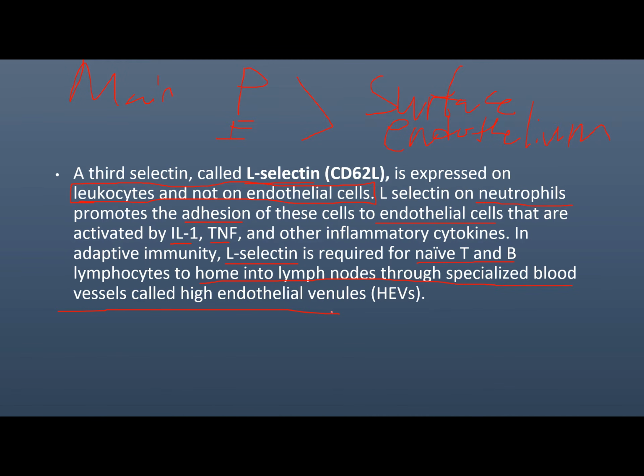So this high endothelial venules class, just to give you an idea, this is the entryway of naive or inactivated T and B cell to the lymph nodes. And for that to occur, for them to enter this, the one that serves as a guide is the L-selectin. So do take note of that.